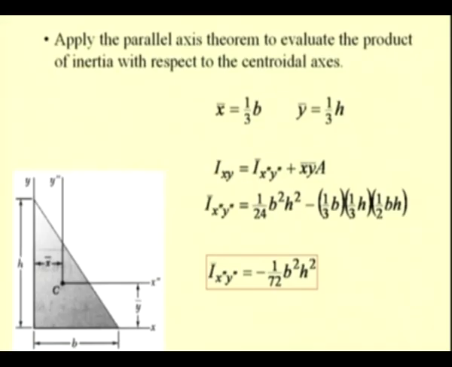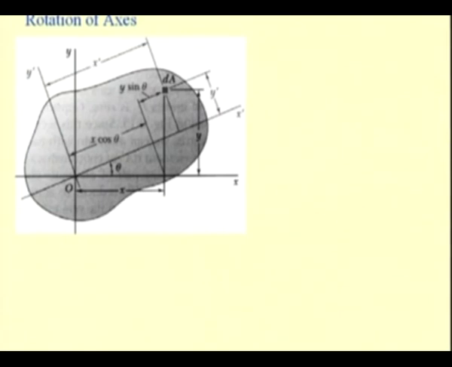So, in this way it is possible to apply this parallel axis theorem to find the product of inertia of a given area. Now, let us discuss what happens to this product of inertia when the axis rotates.